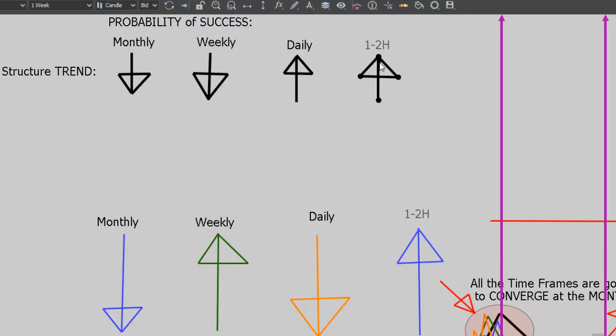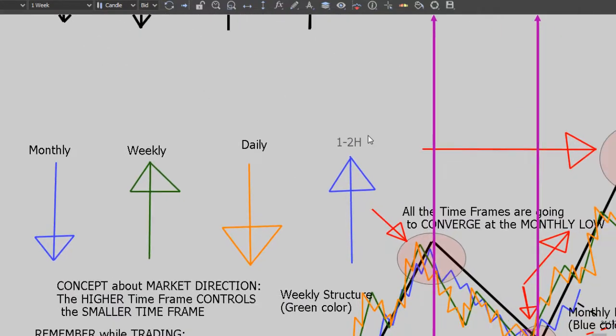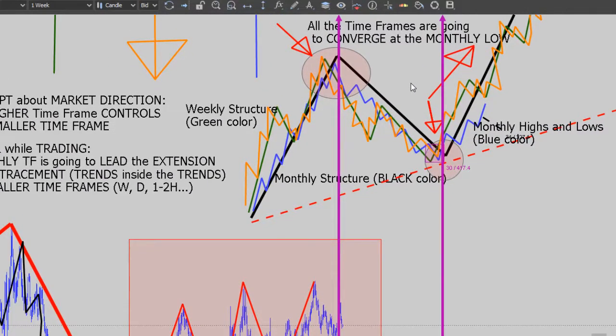Okay, so the question is, you can have this, and you are going to have this in here. Look at this, look at the black line. The black line is down, the monthly chart is in an up retracement, it's falling down. Before it goes to the extension, it must retrace. Okay, but this is structure.